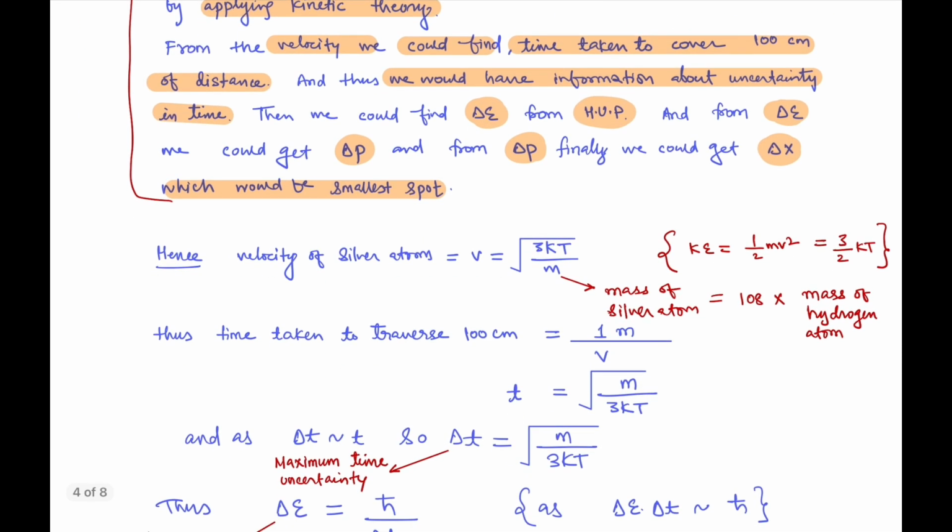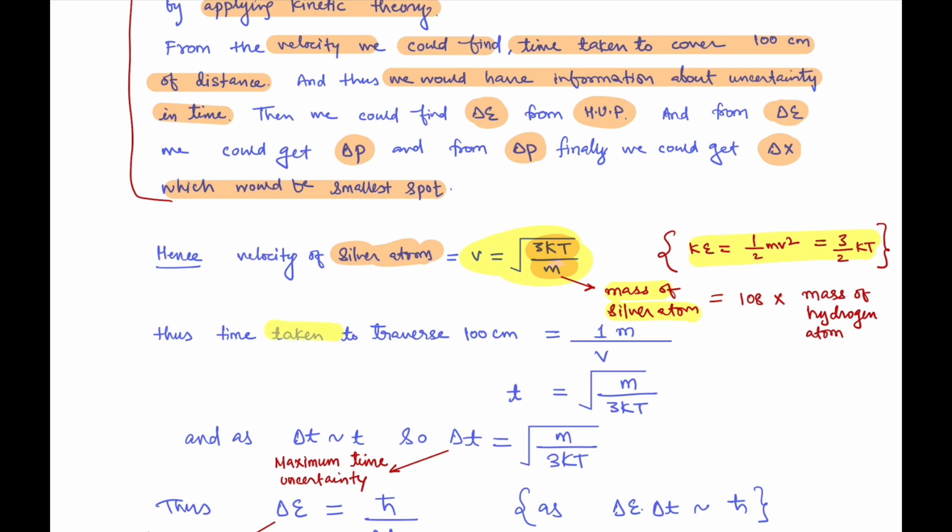Now let us solve it. The velocity of the silver atom would be given by square root of 3kT by m. This is from the kinetic theory. We have used this formula: kinetic energy is 3 by 2 kT in kinetic theory, and for the motion it is half mv square. When you equate that, we get this expression for the velocity, and the mass is obviously for the silver atom.